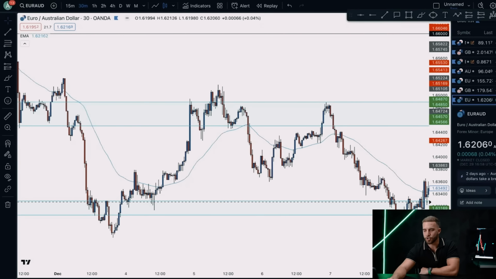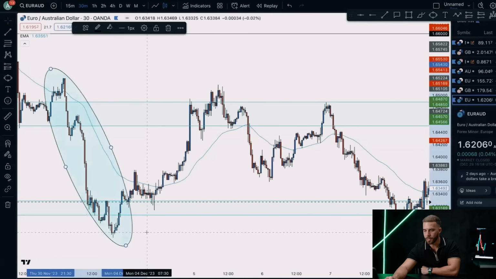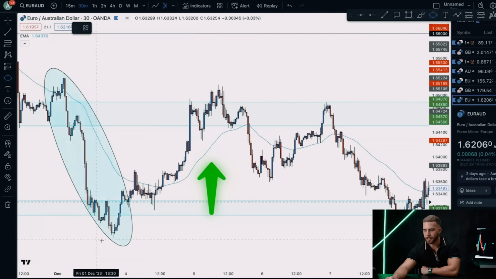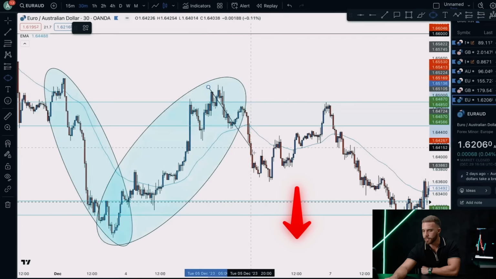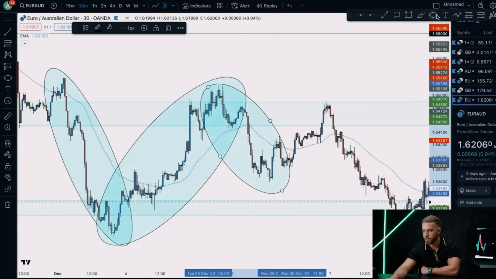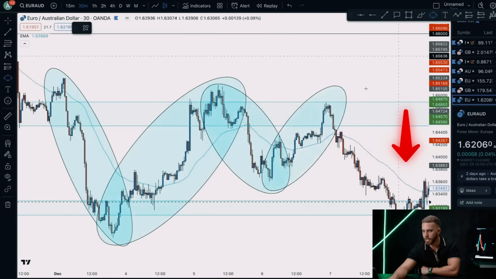So now you can see in this chart right here, there's a lot of different patterns. There's a lot of things going on in this market right here. First things first, you can see how this market was then headed to the downside at one point, and then at another point, it then headed to the upside. And at this heading to the upside, then it headed to the downside again. And then from this downside move, then it headed to the upside. And then after heading to the upside, then it headed to the downside.